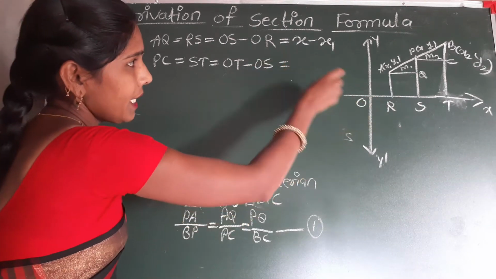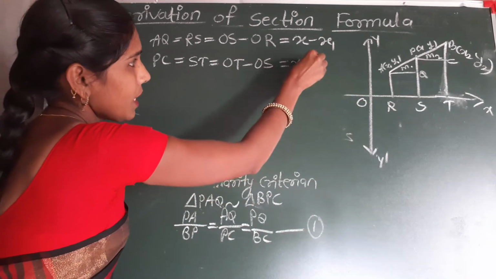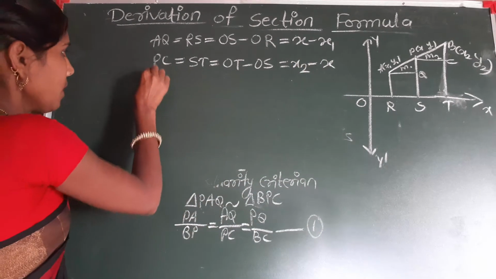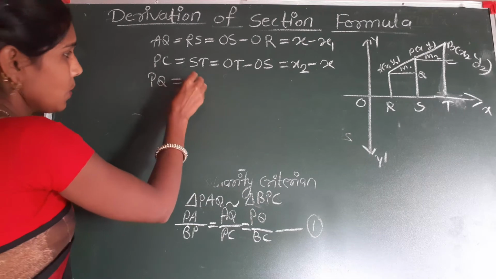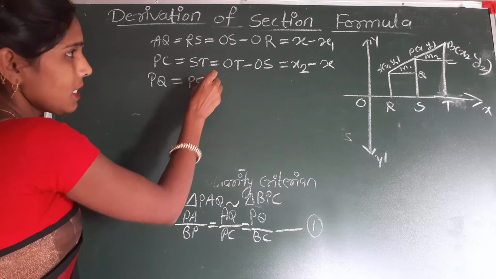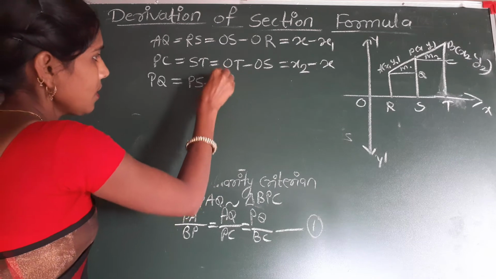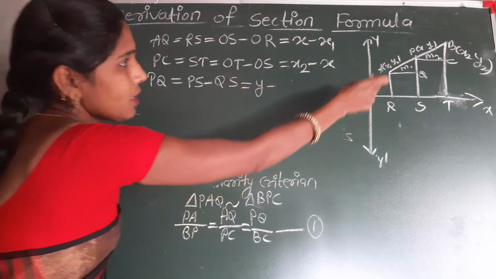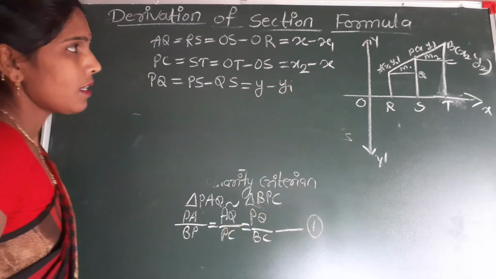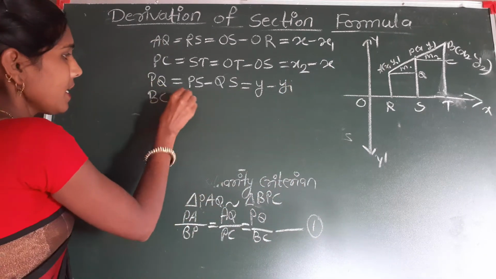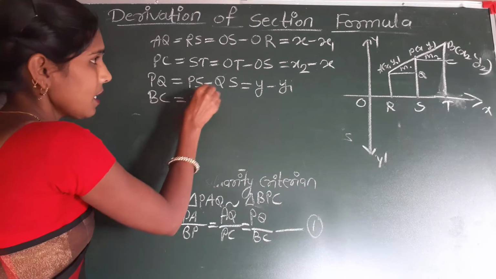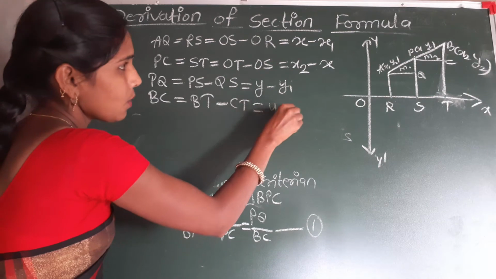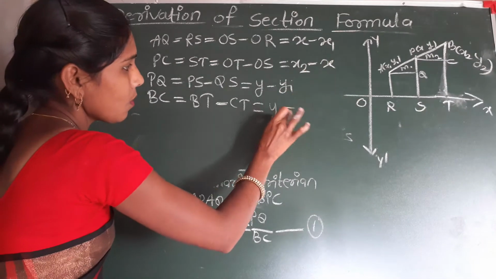Here OT is x2 and OS is x. Next we need PQ. PQ is equal to PS minus QS. PS is y and QS is y1. Next BC is equal to BT minus CT. BT is y2 and CT is y.